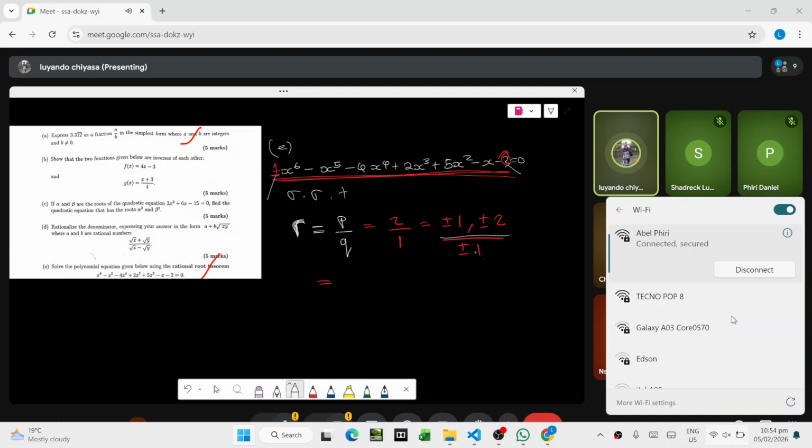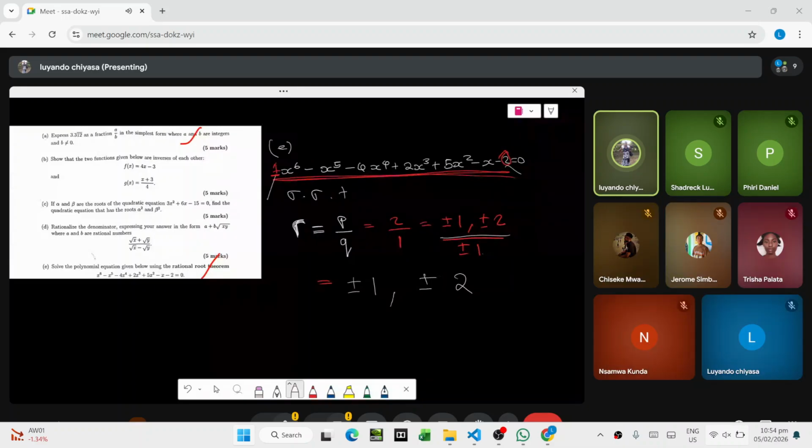When you divide plus or minus 1 by plus or minus 1, you just get plus or minus 1, right? When you divide plus or minus 2 by plus or minus 1, you just get plus or minus 2, right?